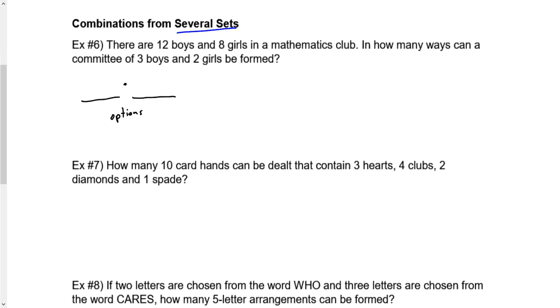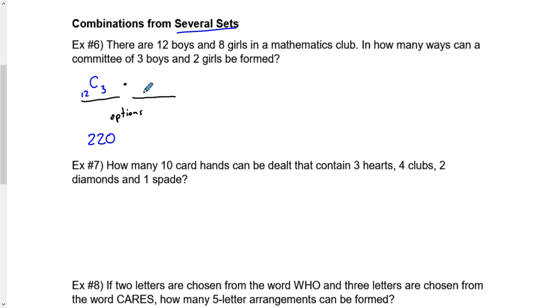Well, out of the boys, it'd be 12C3. That would tell us how many options we could get for a committee of just 3 boys. You type that into your calculator, and it comes out as 220.